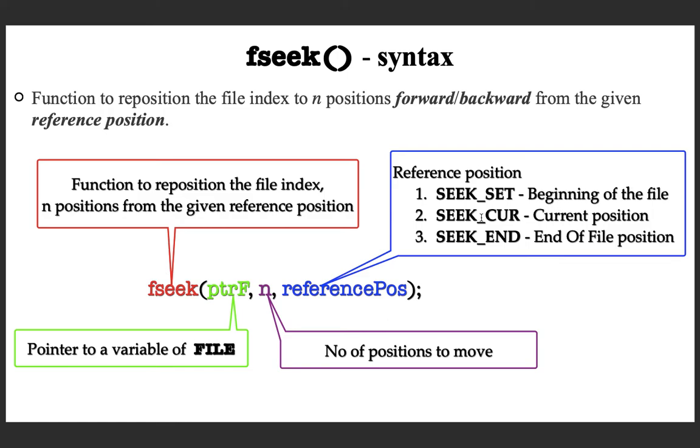Or you can say SEEK_CUR, the current position. This is what we did in the previous example. Or you could say SEEK_END, from the end of the file. You can say minus k. I hope you are getting this semantics.